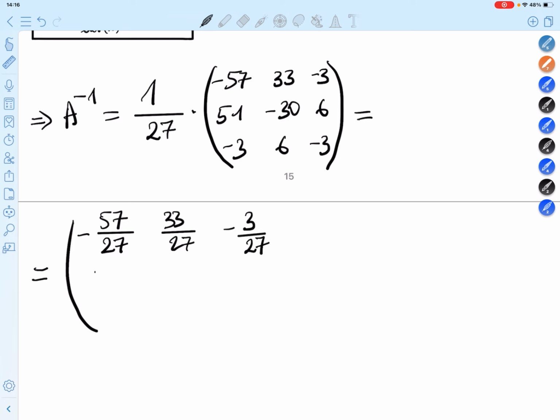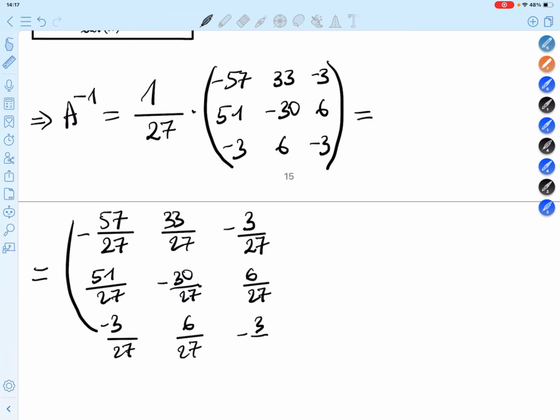Then we have 51 over 27, minus 30 over 27, 6 over 27. Then we have minus 3 over 27, 6 over 27, minus 3 over 27.